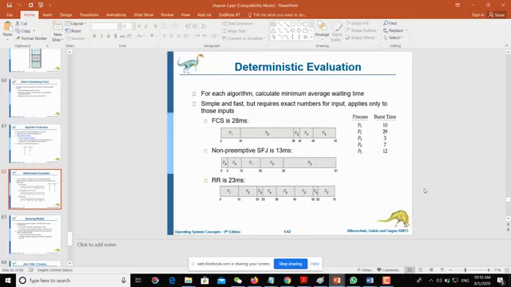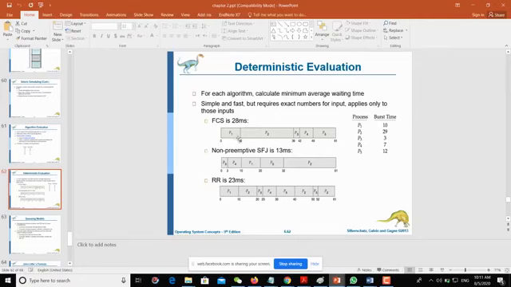When a job or task is in execution, we call it a process. So P1's execution time is 10. The execution time of P2 is 29. P3 is 3, the smallest or shortest job. P4 is 7, and P5 is 12.